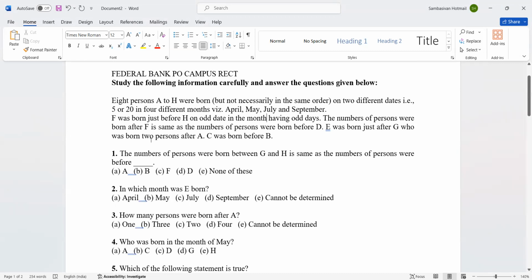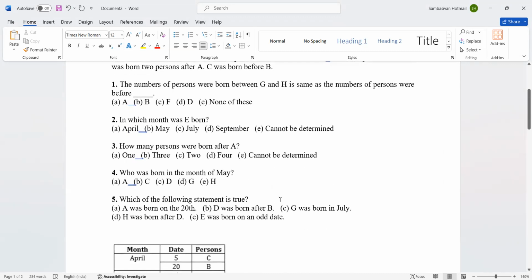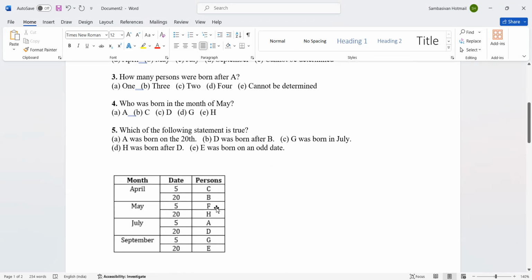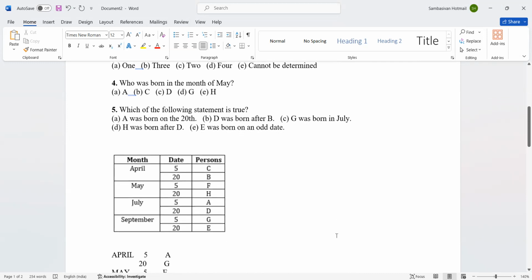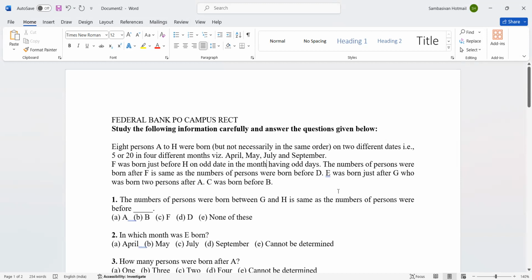The number of persons born after F is the same as the number of persons born before D. After F, you have 1, 2, 3, 4, 5. Similarly, when you put D in this position, you get 5 people before him.